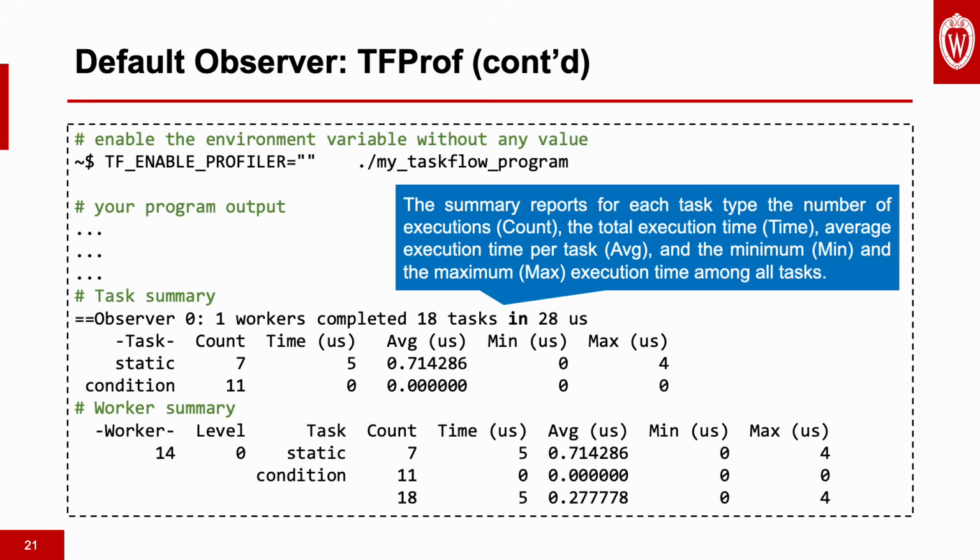In a task summary, for each task type, you will see how many times the task ran, total time spent on the task, average execution time per task, and min-max representing the shortest and longest execution time among all tasks. On the other hand, the worker summary shows you similar statistics for each worker, giving you a sense of how tasks are distributed and executed across different workers.